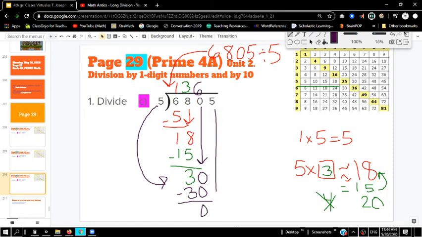And then I'm going to bring down my next number, my 5. Well, we already know that 1 times 5 equals 5, so I'm going to put my 1 in the blank. 1 times 5 equals 5, and 5 minus 5 equals 0. My final answer is 1,361.